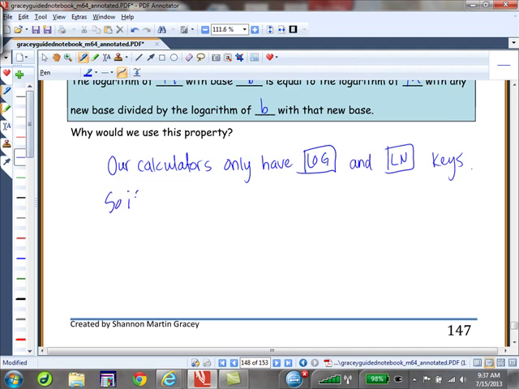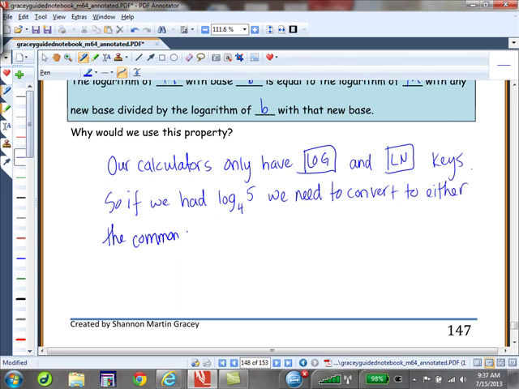So if we had log base 4 of 5, we need to convert to either the common log or the natural log.